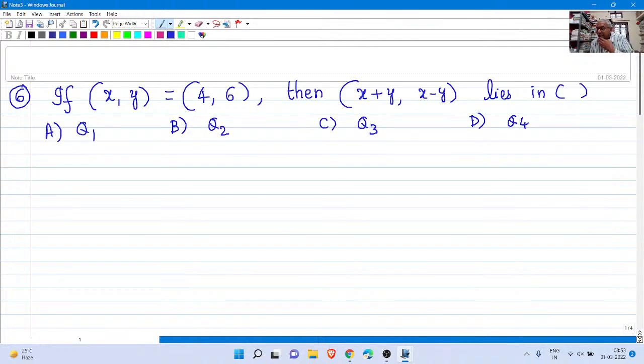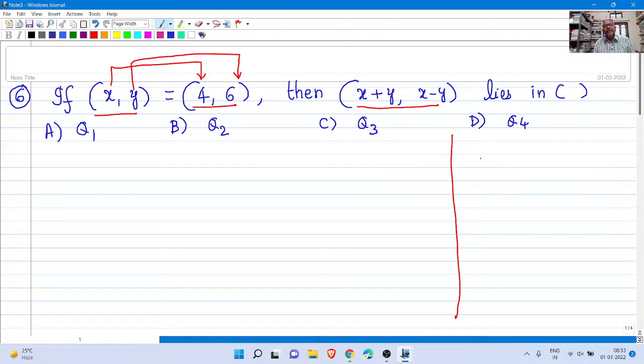If (x, y) is equal to (4, 6), then we need to find out in which quadrant the point (x plus y, x minus y) lies. So here, my dear students, x equals 4 and y equals 6.